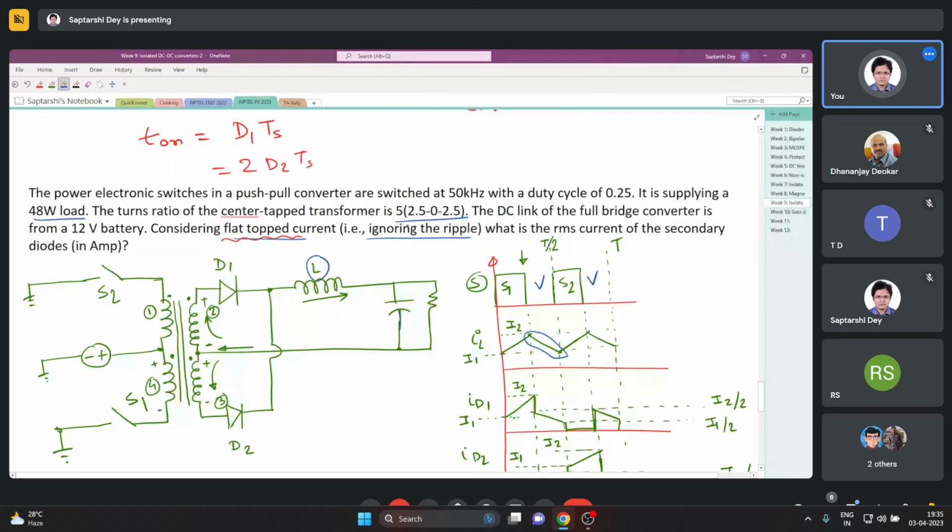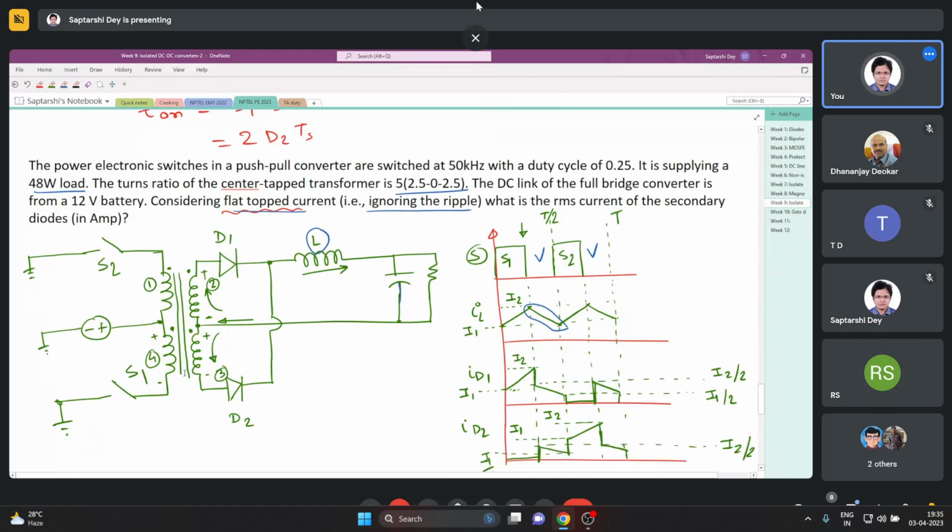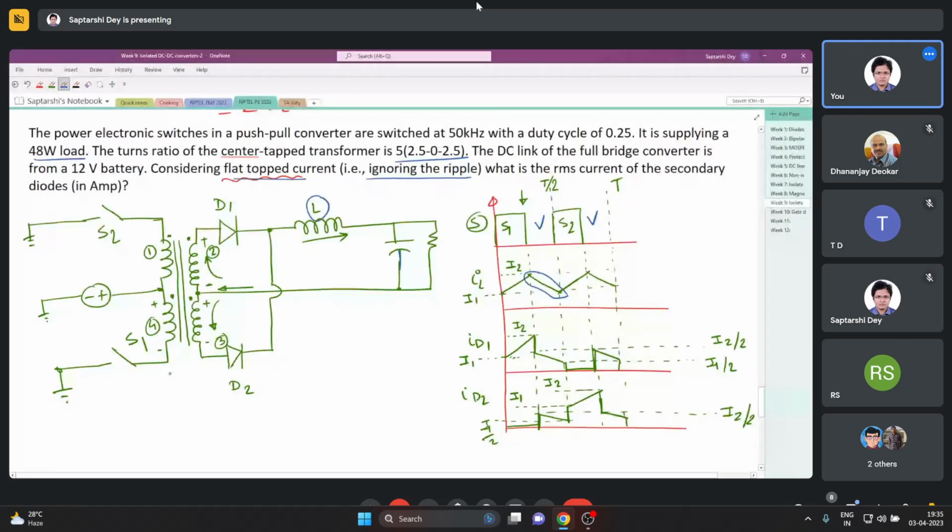Turns ratio is 5. No, what does it mean? Turns ratio is 5, so this whole thing by this whole thing is 5. But is it 1 is to 5 or 5 is to 1?